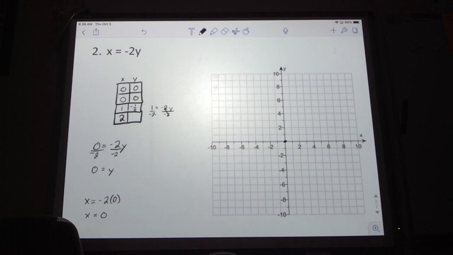So if I plug in a 2, that's 2 equals negative 2y, divide both sides by a negative 2. Y equals negative 1. So there's my 2 points. So you use the points that are whole numbers. So 0, 0. And then over 2, down 1.